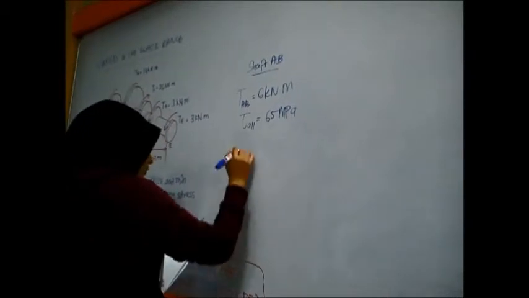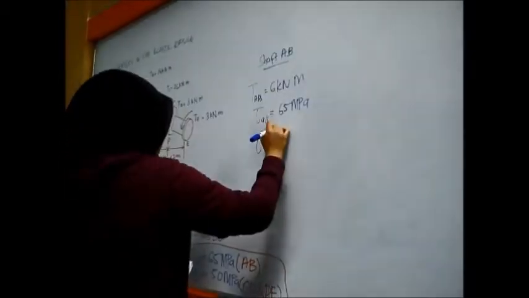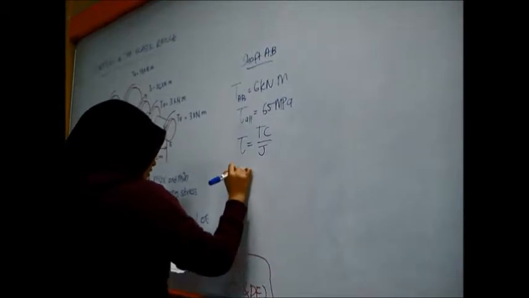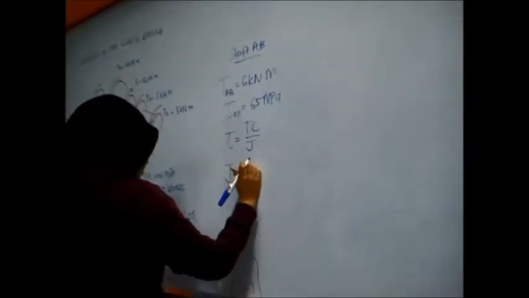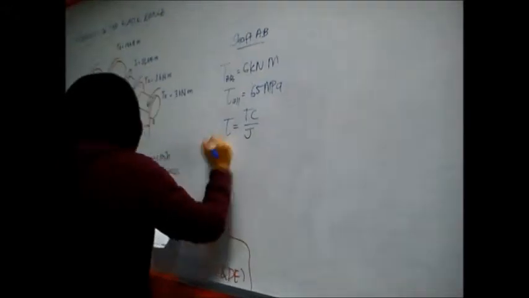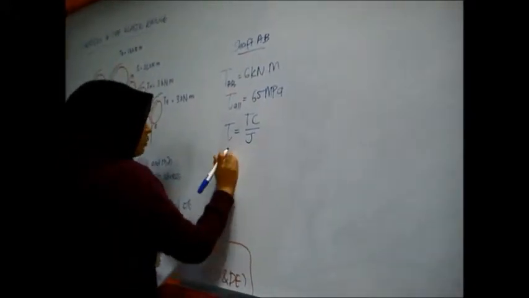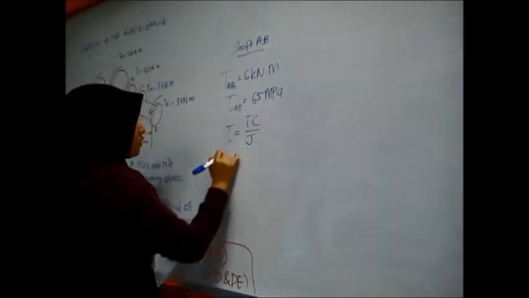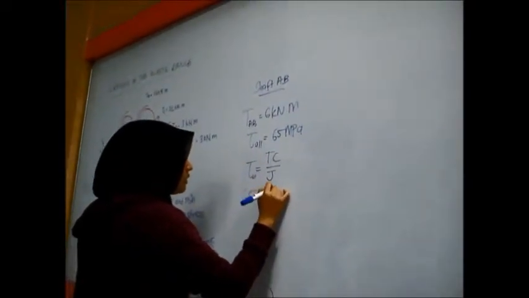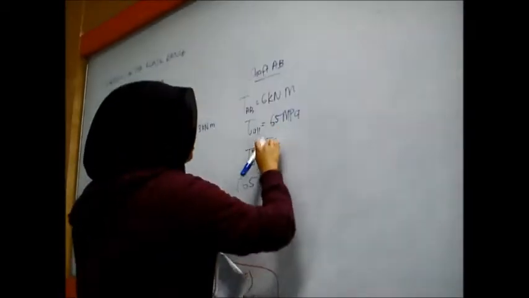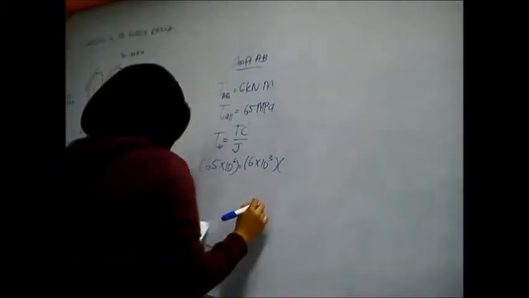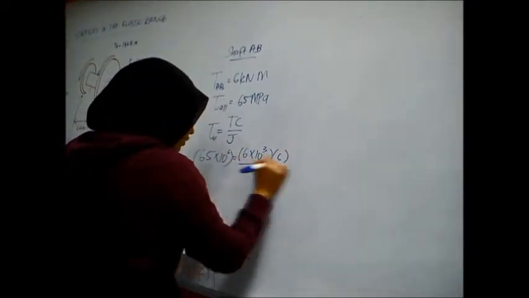You know that shear is equal to Tc over J. From here, we can substitute all the values. 65 times 10 to the power of 6 equals 6 times 10 to the power of 3 times c, over J. We don't know the diameter.